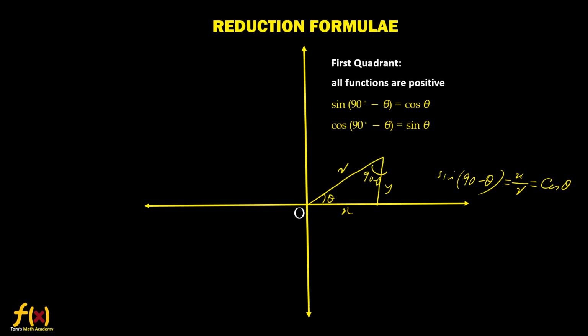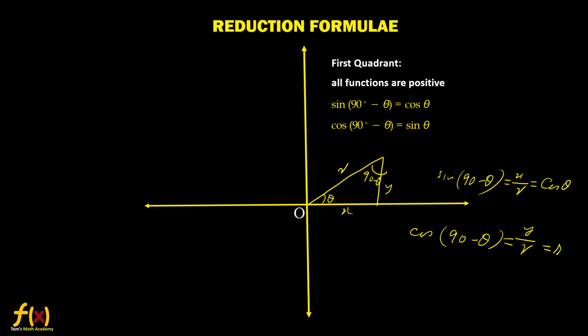Let us take cos of 90 minus theta. What is that? Adjacent side is y over r. What is that actually with respect to theta? If you take theta, that is opposite side over hypotenuse, y over r, that is sine.